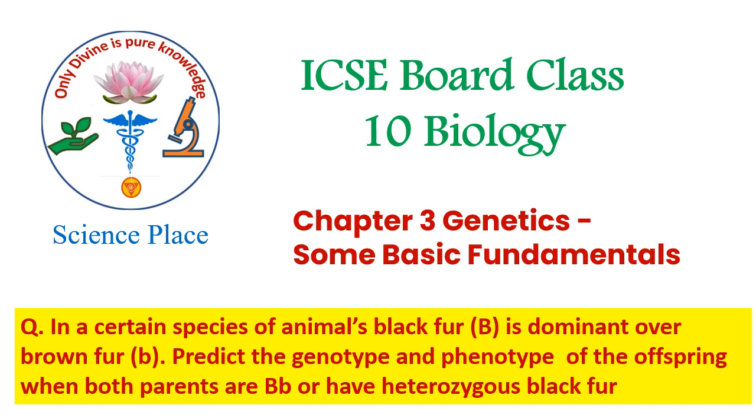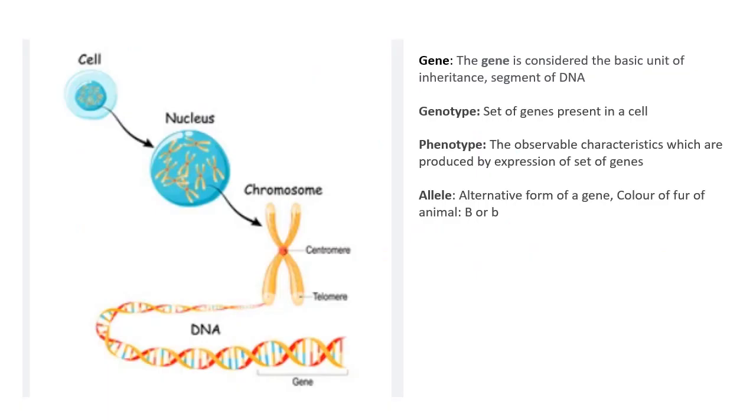So before solving the question, let's have a look at some important terms related to this topic. You can see here a beautiful picture. I believe that you can imagine a cell.